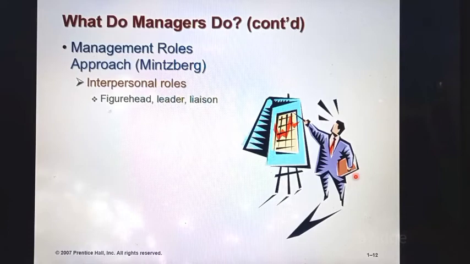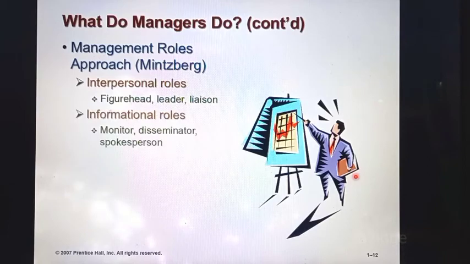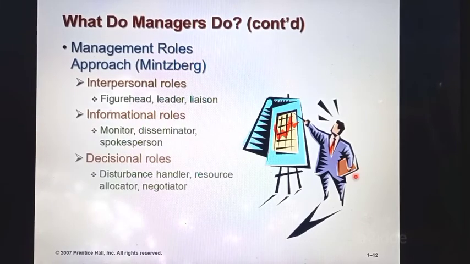Managers have interpersonal roles. They act as figureheads, leaders, and liaison. And they also have informational roles. They monitor, they disseminate, and they also act as spokesperson. And the decisional roles, managers are disturbance handlers, resource allocators, and negotiators.